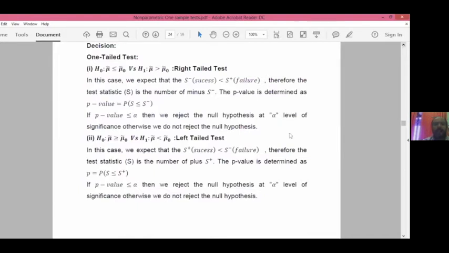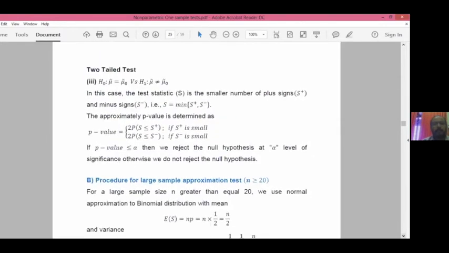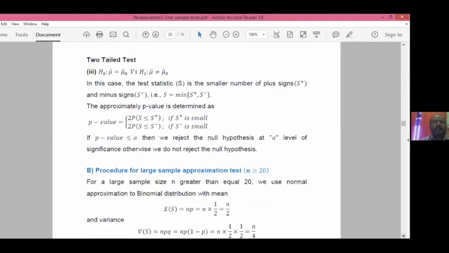So this is the decision we take according to the hypothesis setting, whether it is a right tail test, left tail test, or two tail test. This is the two tail test case. In this case, the test statistic S is the minimum among the plus signs and minus signs. So S is equal to the minimum of S plus and S minus, where S plus is the number of plus signs counted and S minus is the number of minus signs in your observations.